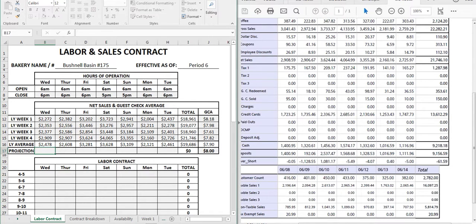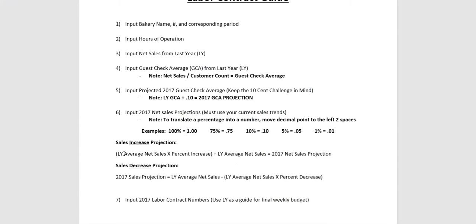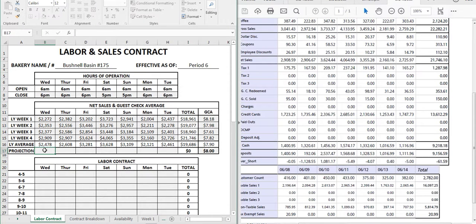So again, going into this sheet here, we're going to be projecting an increase. So last year's average sales, remember these parentheses as well, because that's important, times the percent increase plus the average sales equals your net sales projection. So with that, it's basically equals, and you could do this on a calculator too if you want, but I prefer to do it in the actual Excel spreadsheet.